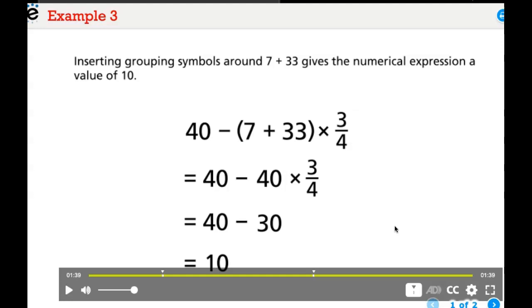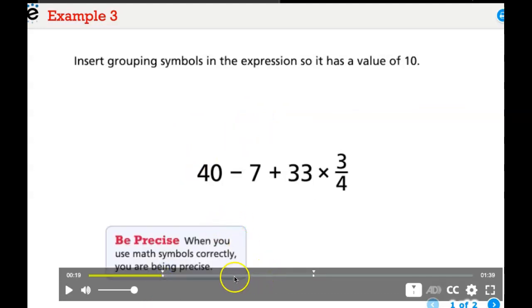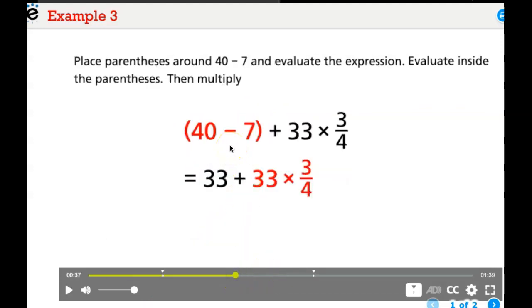It's important because you can group up certain things that you don't understand and do them later, or you could group them to simplify the answer, because if you just do it without the parentheses, that's 40 minus 7 plus 33 times 3/4, and you're gonna multiply 33 and 3/4 first before you do something else. So sometimes if they tell you which one you put the parentheses in, it's gonna change the answer. So when you solve a problem later on, where the parentheses is, like what we have here in our first example, it's gonna give you a different value.